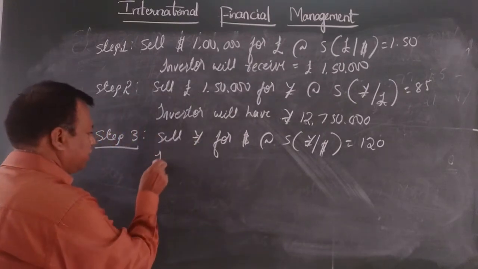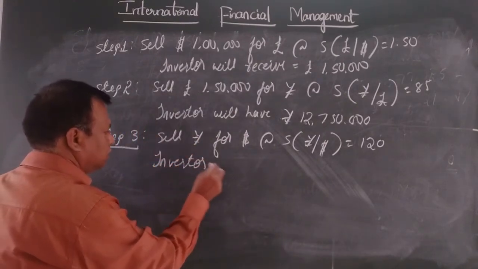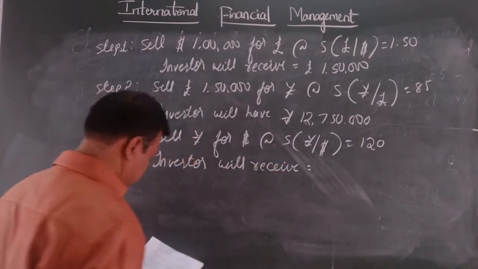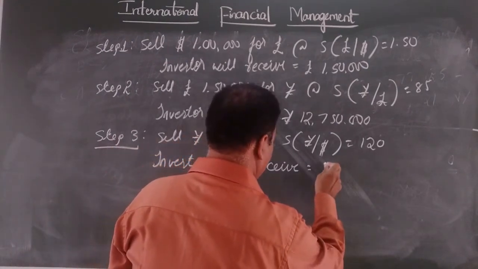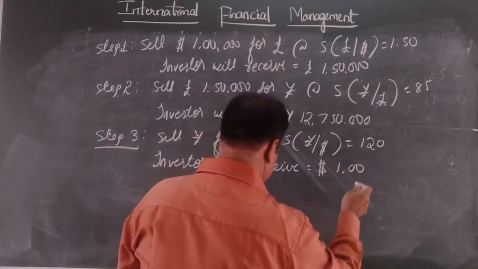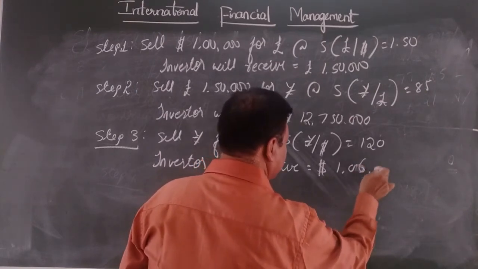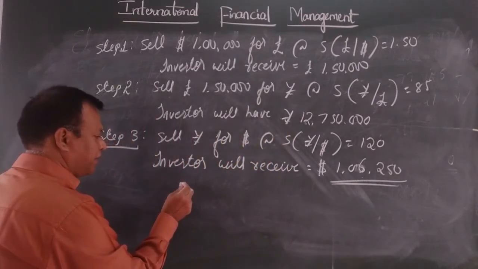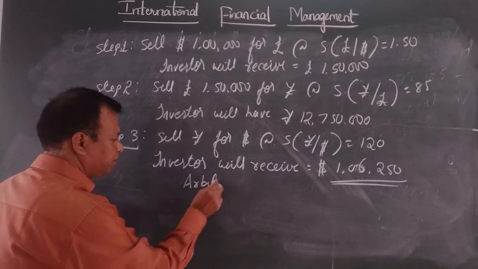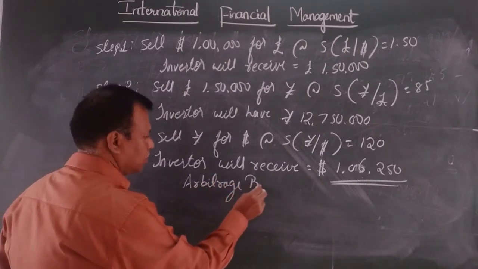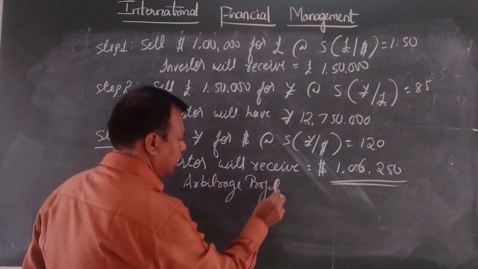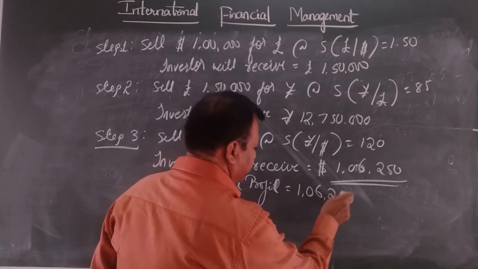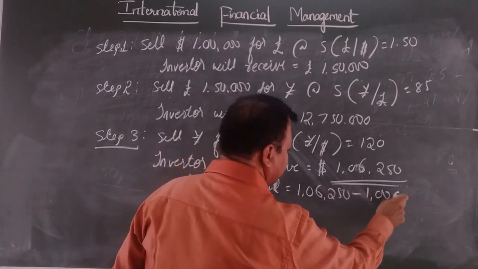So the investor will receive $1,06,250. So how much arbitrage profit will the investor have? 1,06,250 minus what he initially had, 1 lakh.